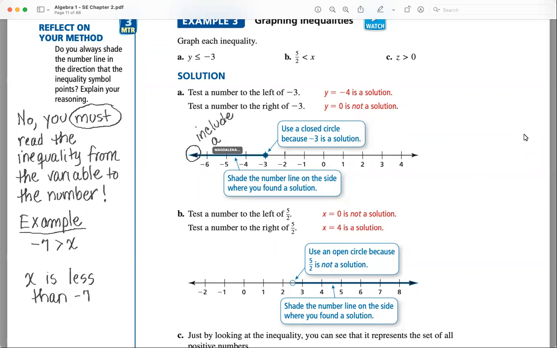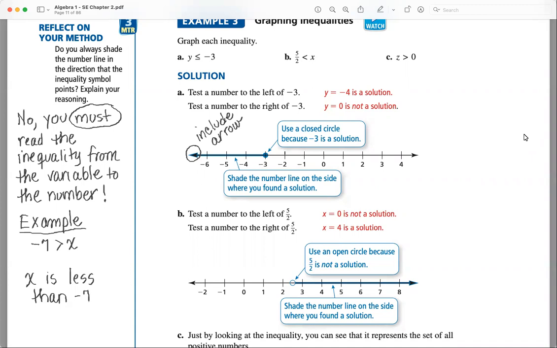So you're going to include the arrow in your shading. It is always easier to shade with a highlighter, okay? Much easier to shade with a highlighter. Very well. Then we take a look at B.